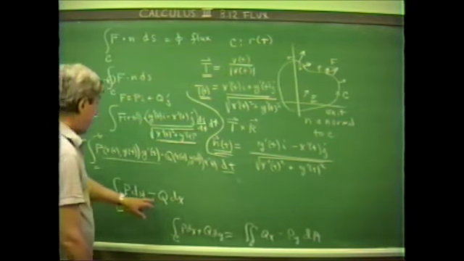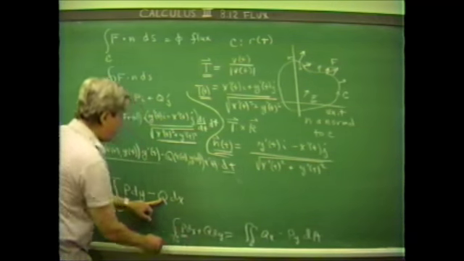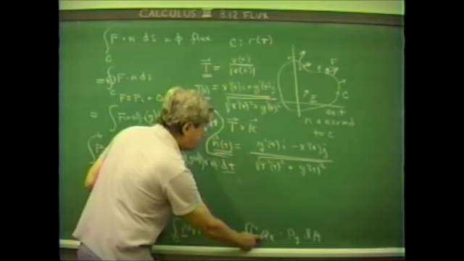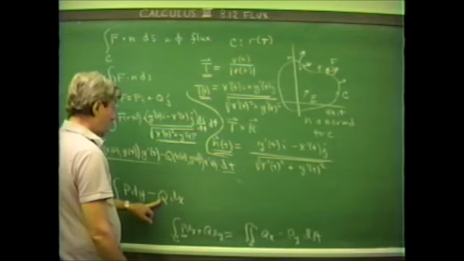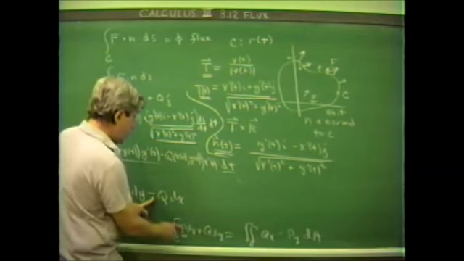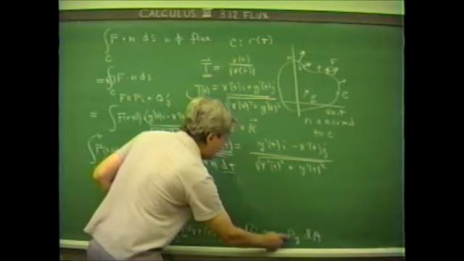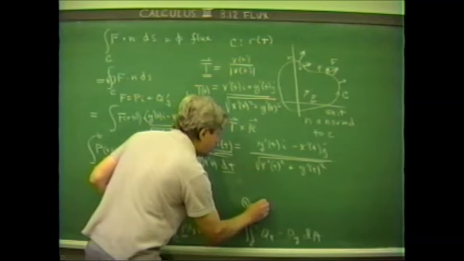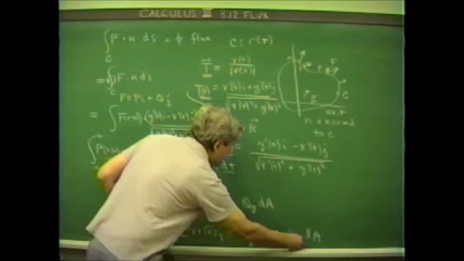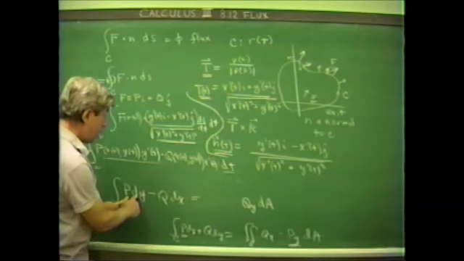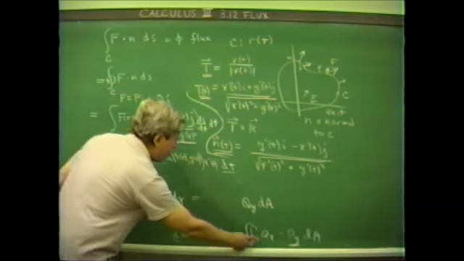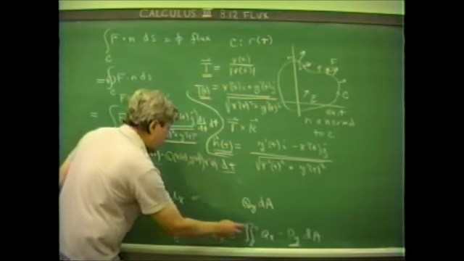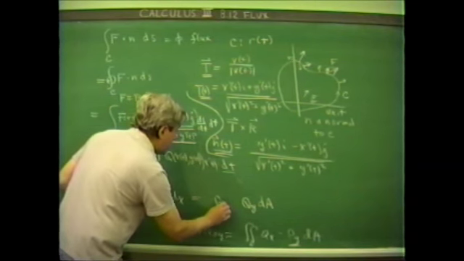Here we have minus q taking the place of p, so we put that in here for p, and we get partial q with respect to y. And here we've got p dy taking the place of q, so if we put that over here for q, we get partial p with respect to x.